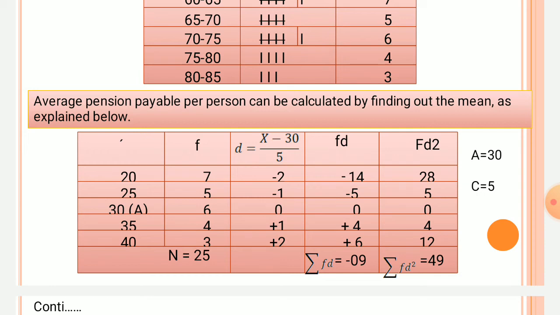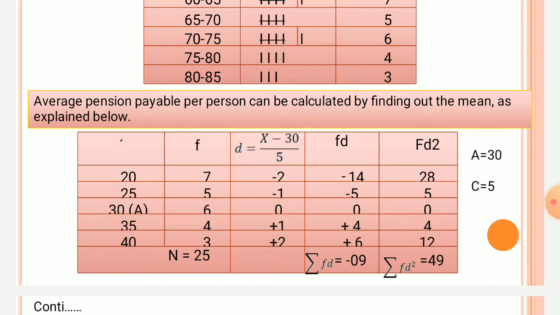So f into d, fd: 7 into minus 2 is minus 14, 5 into minus 1 is minus 5, 6 into 0 is 0, 4 into 1 is 4, 3 into 2 is 6. And then in the last column, fd square, that is fd into d, the product of fd and d.